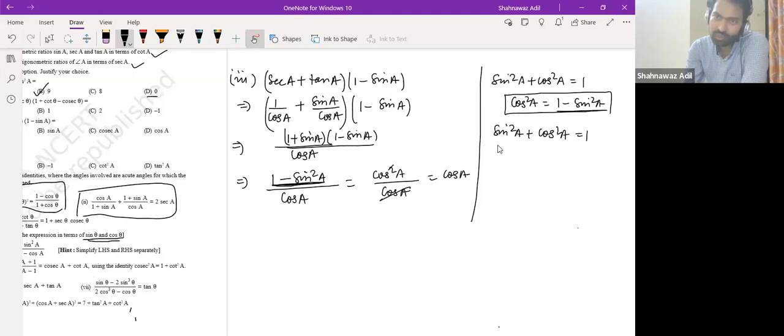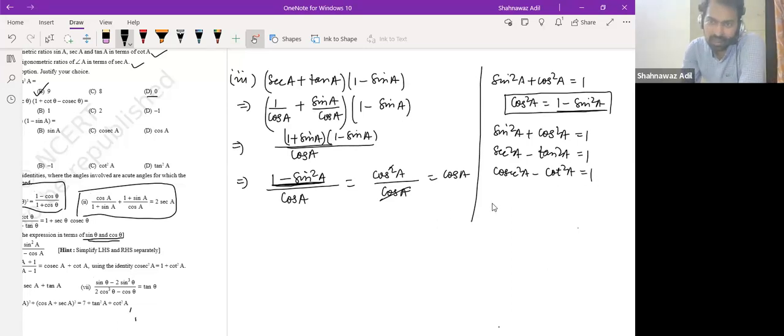And this is how we write a square. If I write sine A whole square, this is represented by sine square A. We cannot write it like sine A square square.